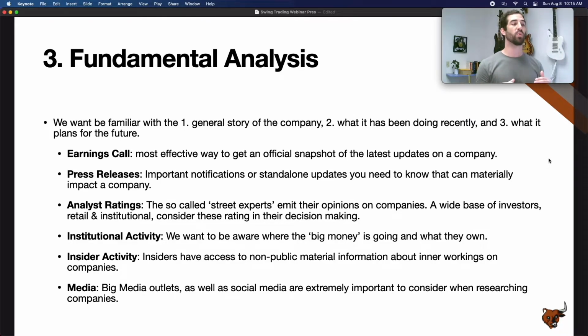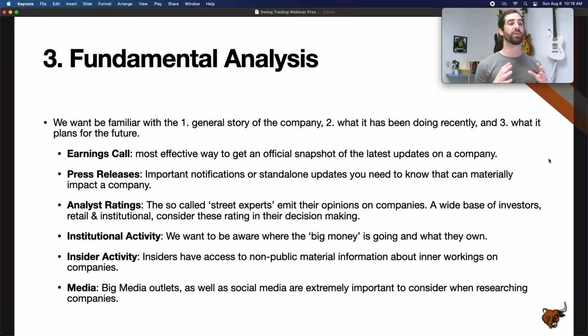Okay, so we want to know in general what the analysts or what the experts are saying about the company that we are analyzing. And then, guys, this is important. Okay, do not take these too seriously. If you see a price target at $100, it does not necessarily mean that the stock is going to go to $100.